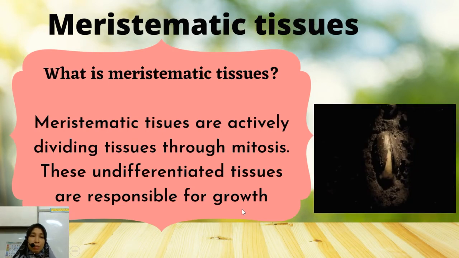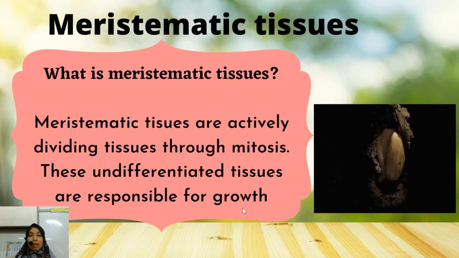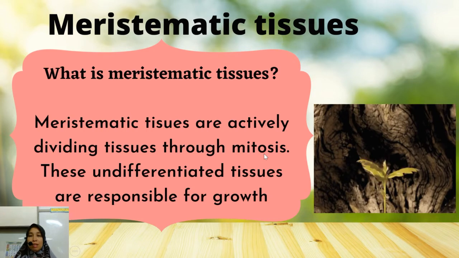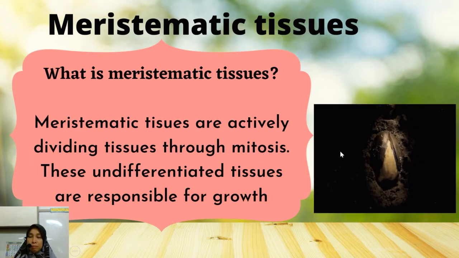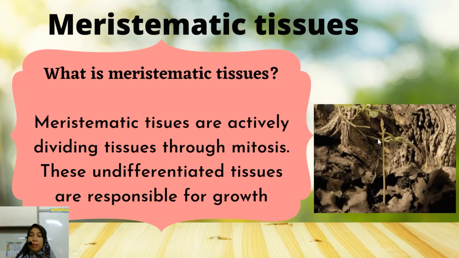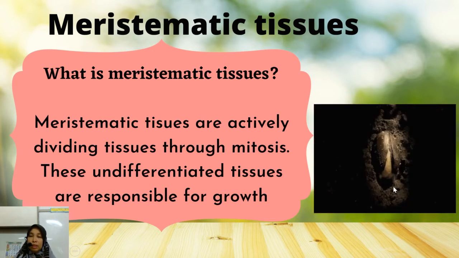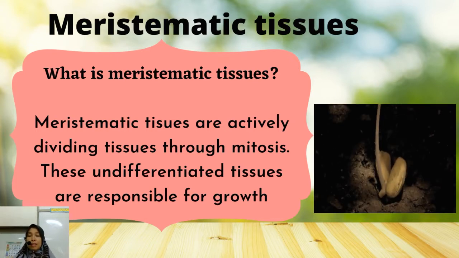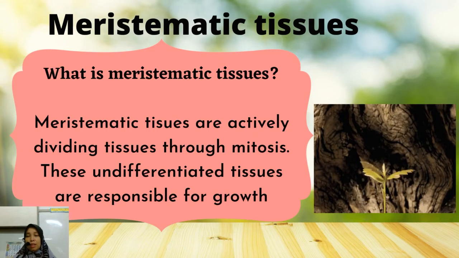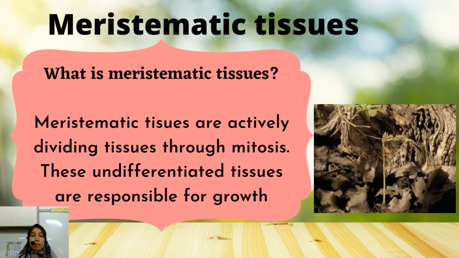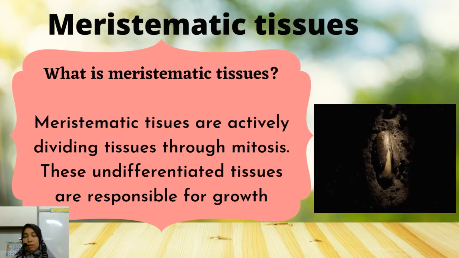From the video here, it refers to seed germination, whereby the plant grows starting from the seed. The seed germinates and develops the plumule and the radicle, and then it develops the shoot and also the root. So this is referred to as growth.